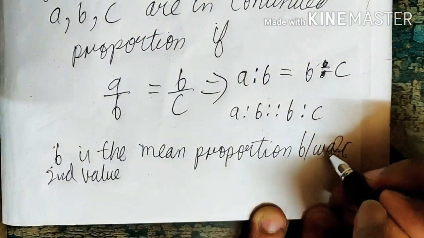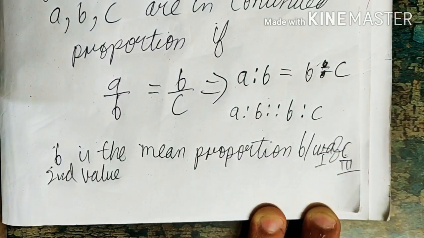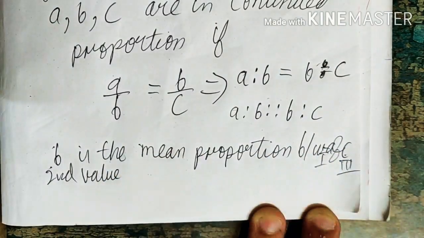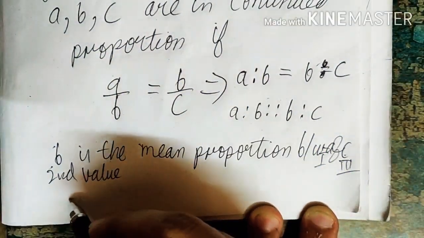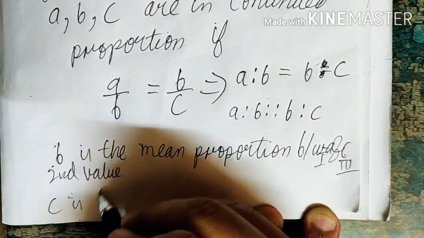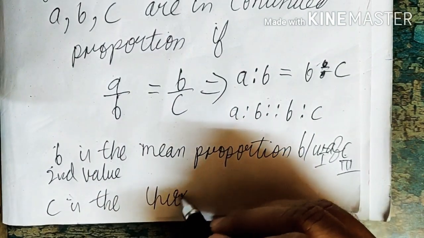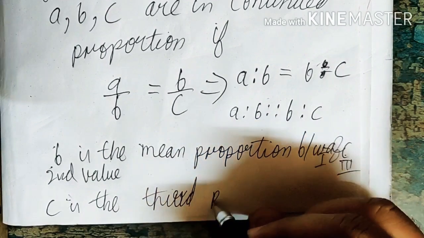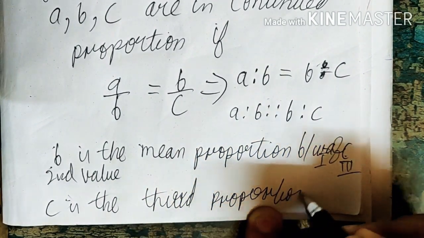Okay, A is first, C is third. So the second value is the mean proportion between first and third, and C is the third proportion here. C is called the third proportion, that is the third value.